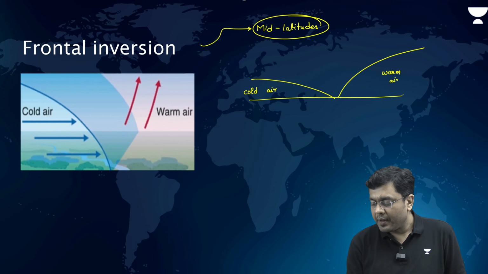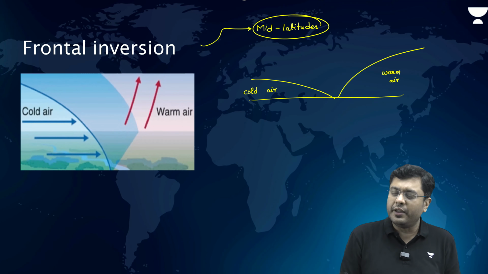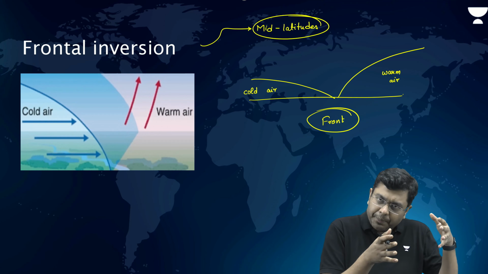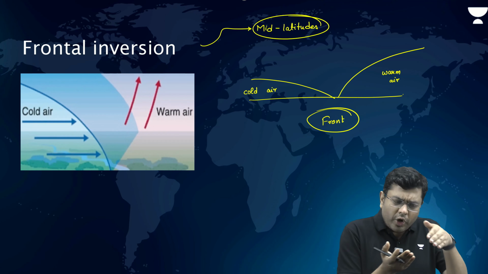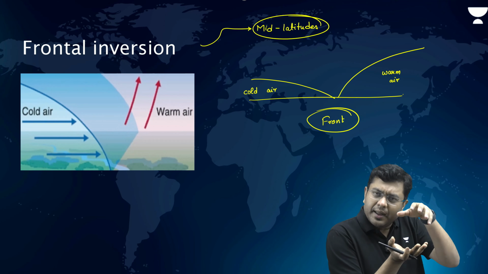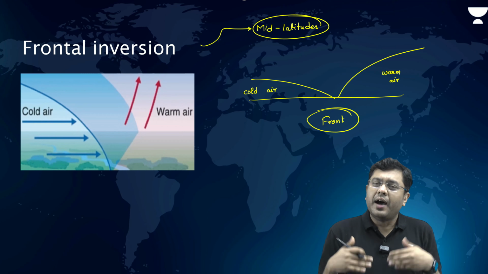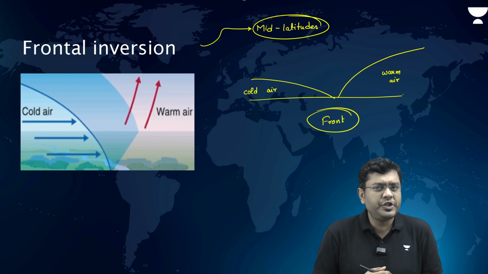That zone of transition which is created between the cold and the warm air, that is what we refer to as a front. Cold air will be slightly compressed, less in volume. Warm air will be quite expansive, higher in volume because of greater amount of heat, greater amount of energy.